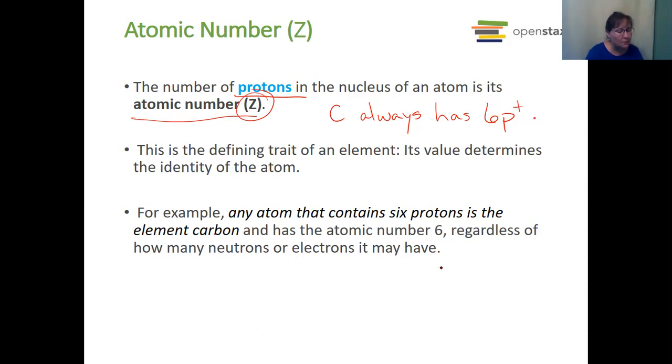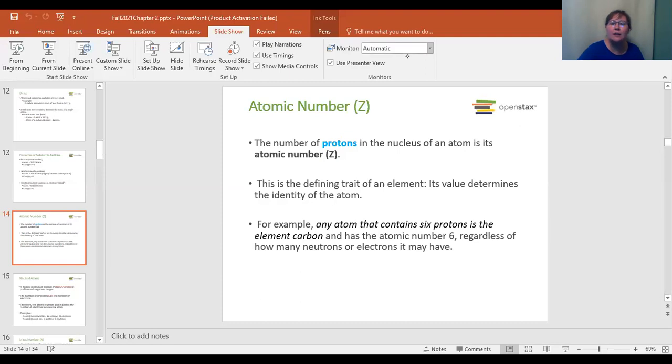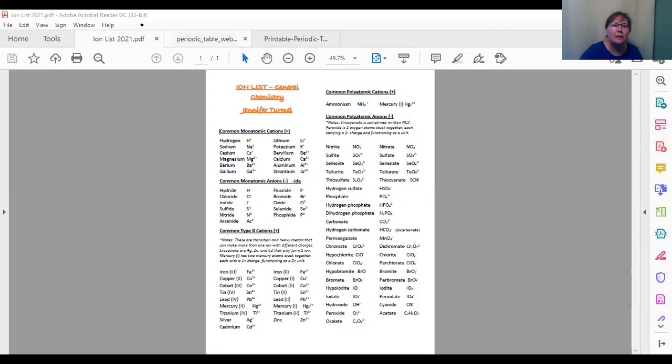And how far do I have to go to find a period? Oh my goodness, let's flip out of this just for a moment. I have to stop the share. And then let's go over here to a periodic table. Okay, there we go.